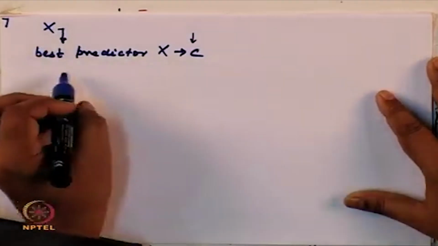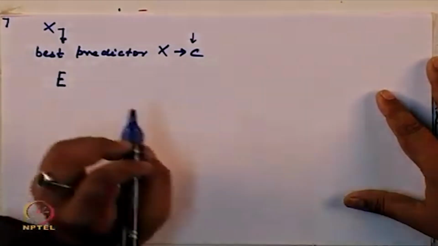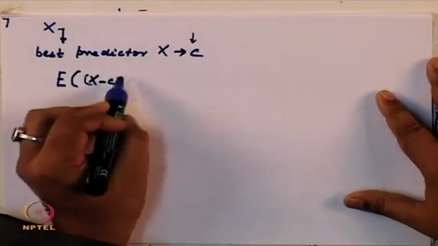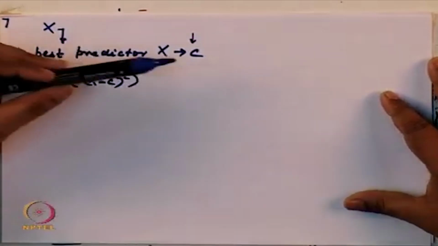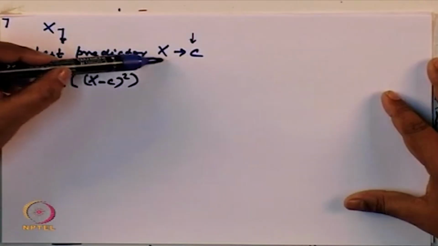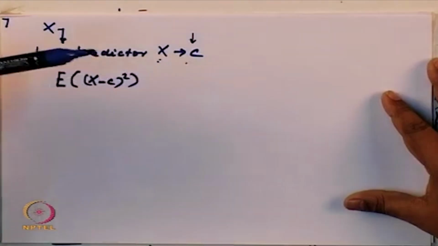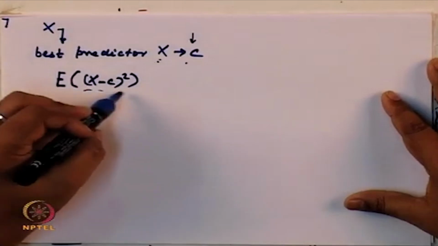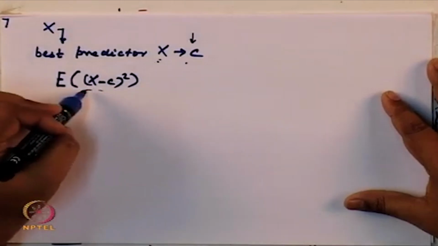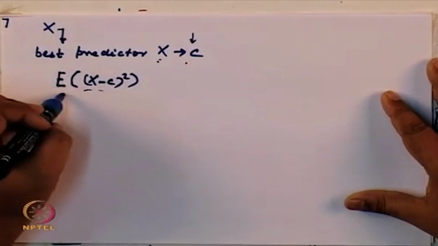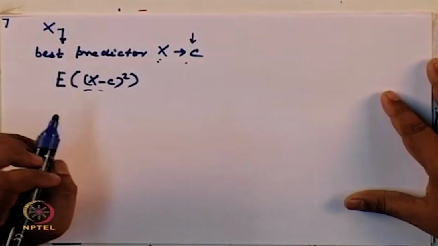In essence, we want to compute the best predictor of X. What should we do? We should minimize the difference between the value of X and the prediction. In other words, you want to minimize (X minus c) whole square. So, the best predictor is what will give you the lowest expected value of (X minus c) whole square.